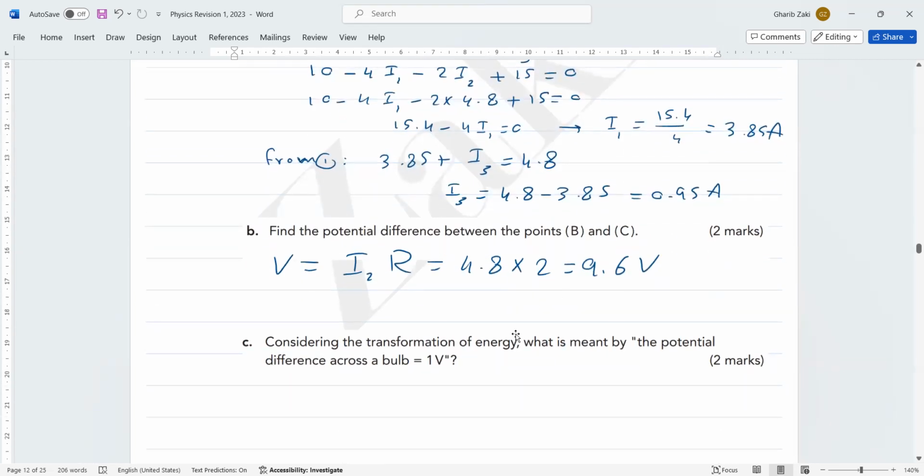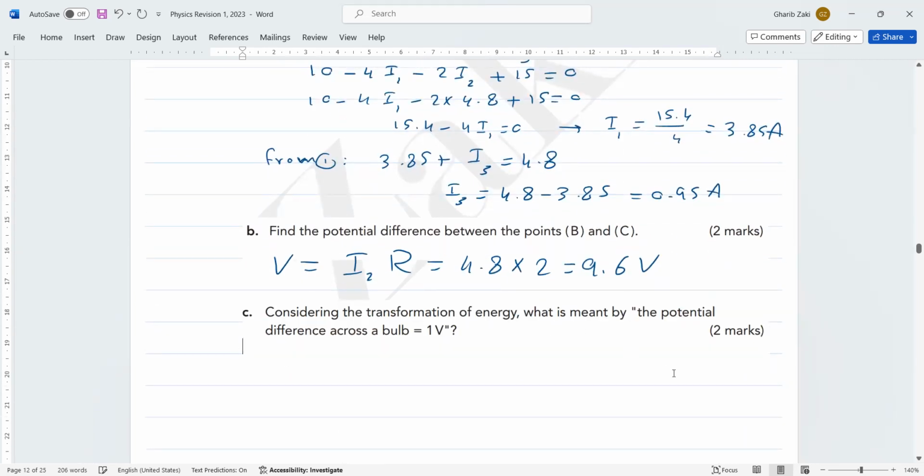Okay, now, next question. Considering the transformation of energy, what is meant by the potential difference is 1 volt? It means 1 joule of electrical energy converted to heat and light, because they said bulb, for each 1 coulomb of charge that passes through the bulb. We write this.